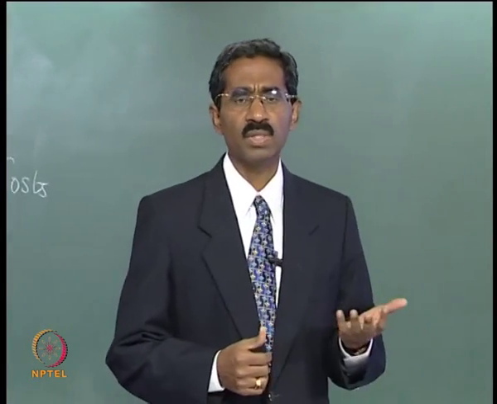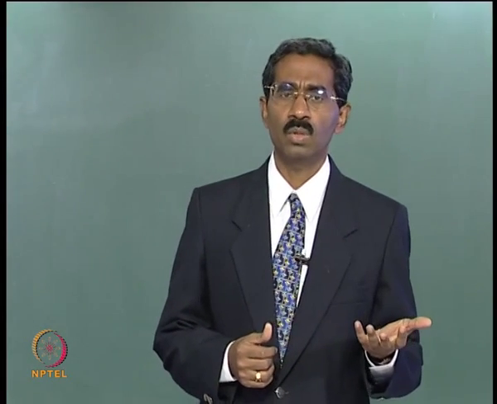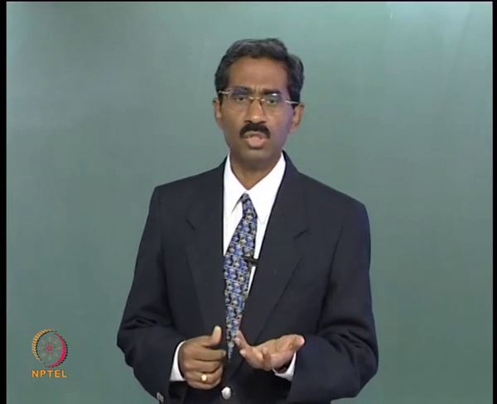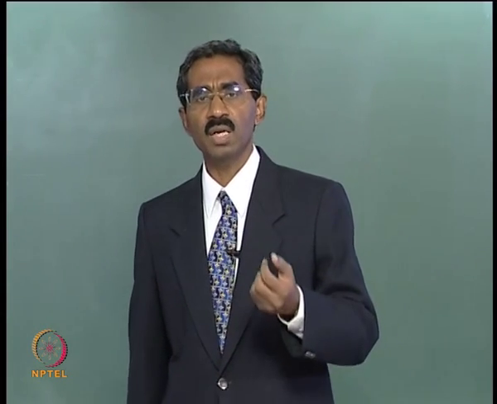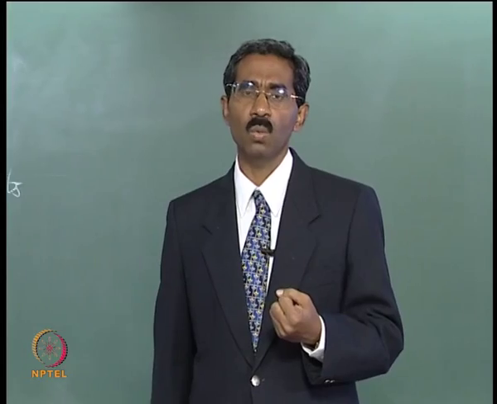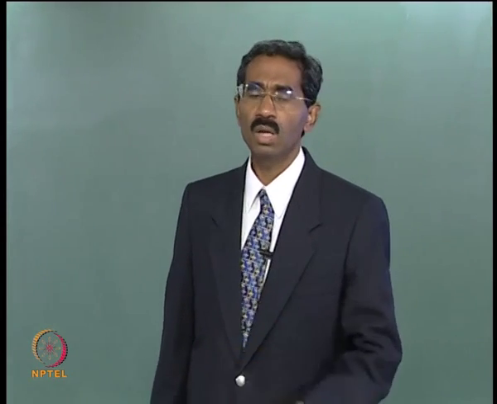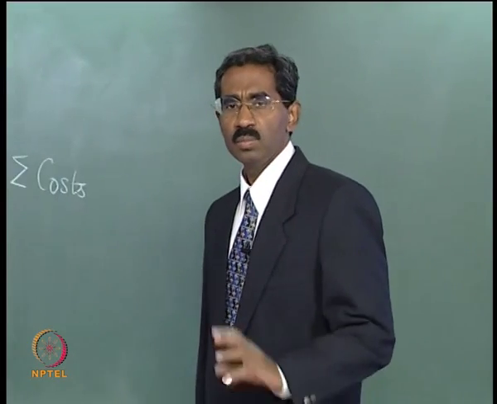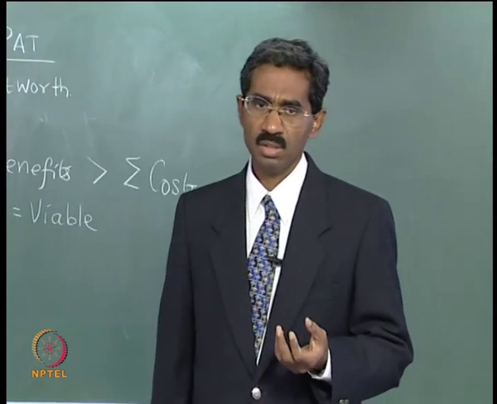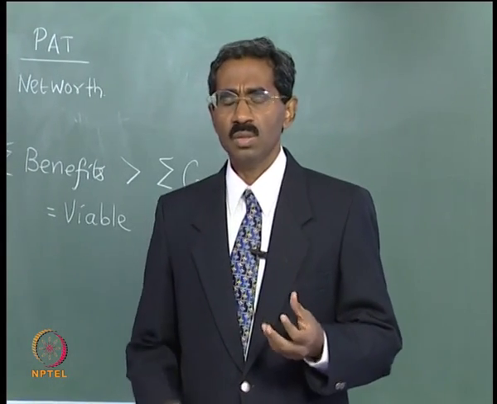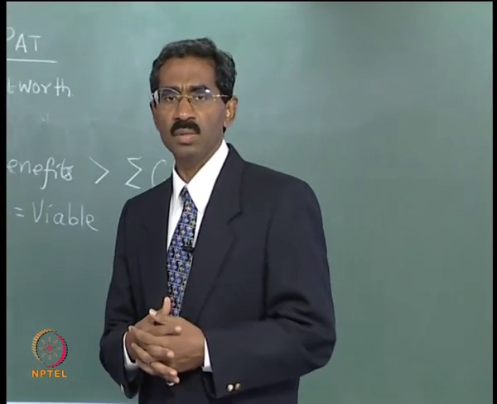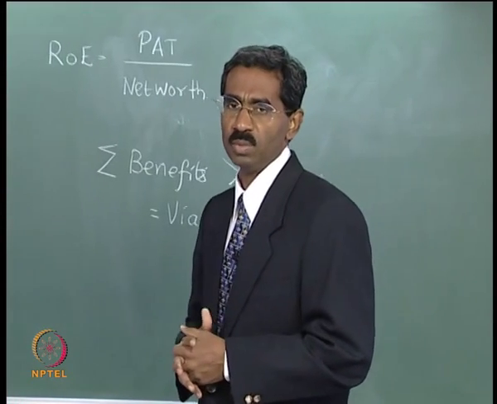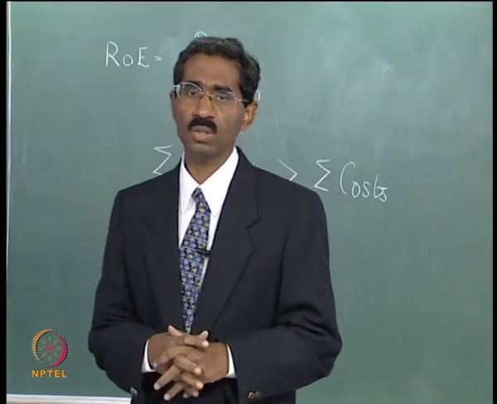A rational human being would normally choose the first option, whereby you prefer to get 100 rupees today rather than wait to get the same amount of money 1 year from now. Why? In English we have a proverb which says that a bird in the hand is worth two in the bush.